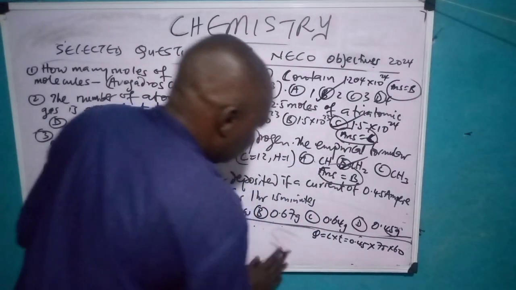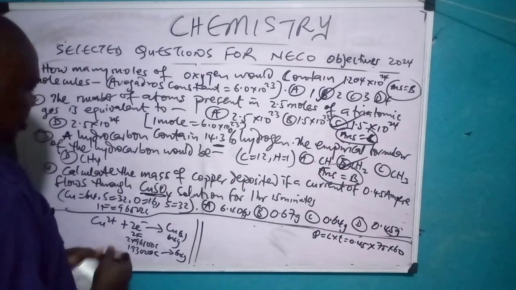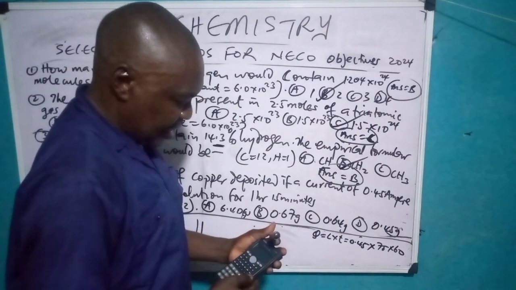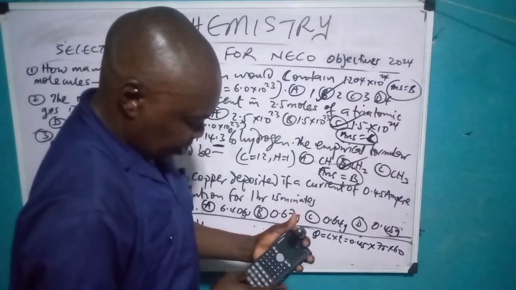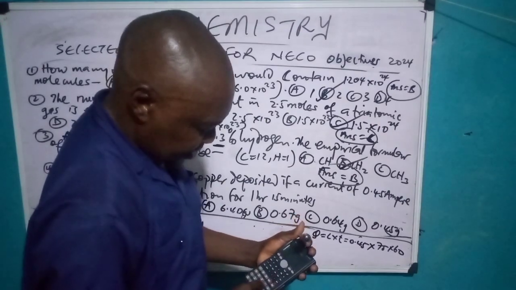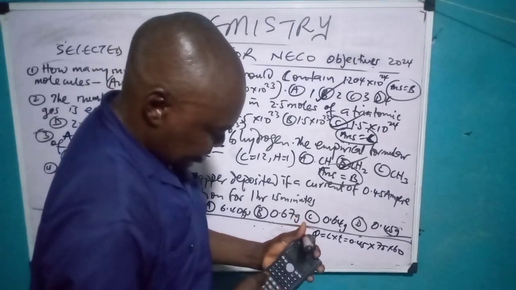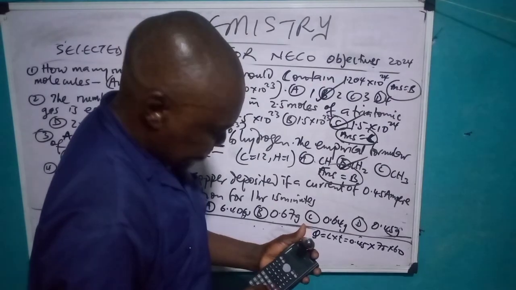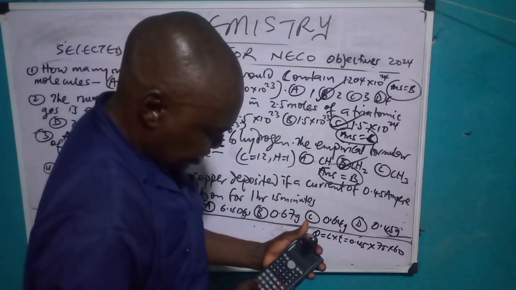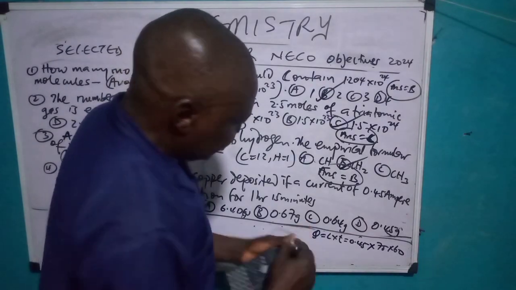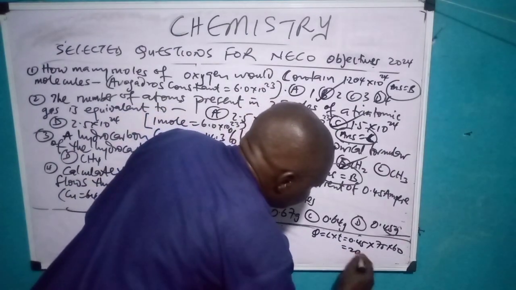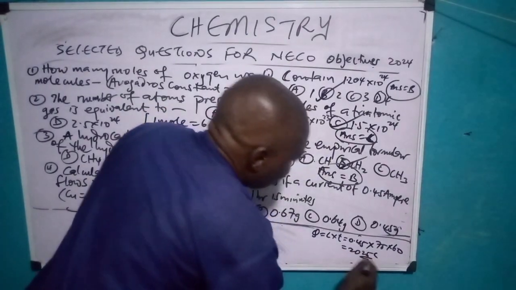That's what we have, current times time. So we now have 0.45 times 75 times 60, which gives you 2025 coulombs. That's what we have.